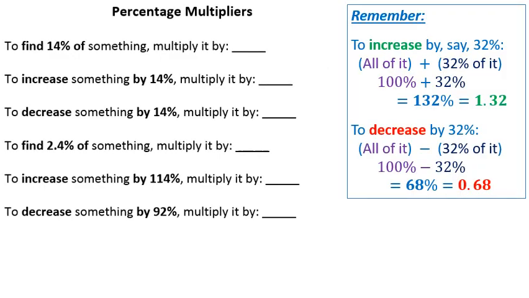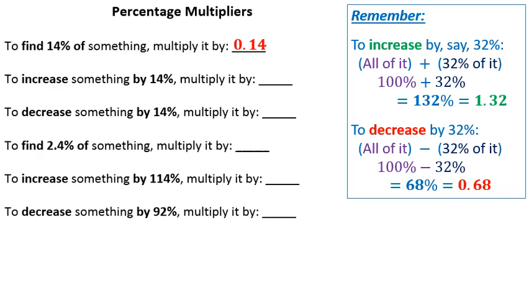The decimals that I refer to when we're talking about percentages, I call them percentage multipliers because that is almost always what you're doing with them. In fact, although it may seem strange, whether you're increasing or decreasing or just finding a percentage of something, you're always multiplying by something. If you want to find 14% of something, you multiply it by 0.14 because that's 14%.